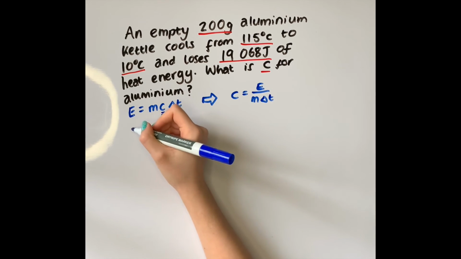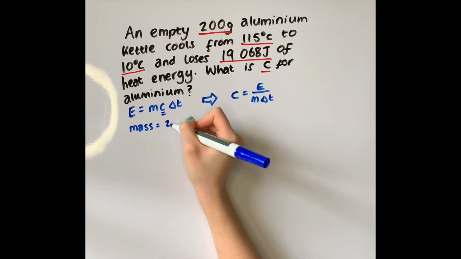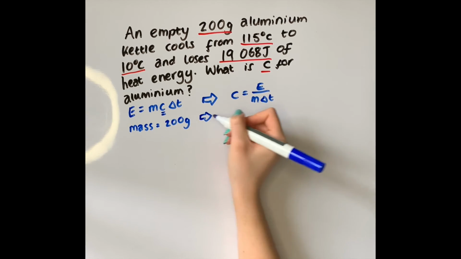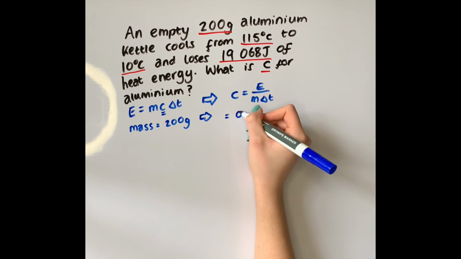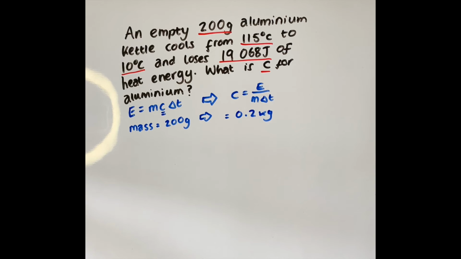Tricky thing in the question to spot is that the mass is in grams. We need to change this into kilograms for our equation. So to do this, we divide 200 grams by 1,000, and this gives us 0.2 kilograms. Now we're ready to plug everything into our equation.